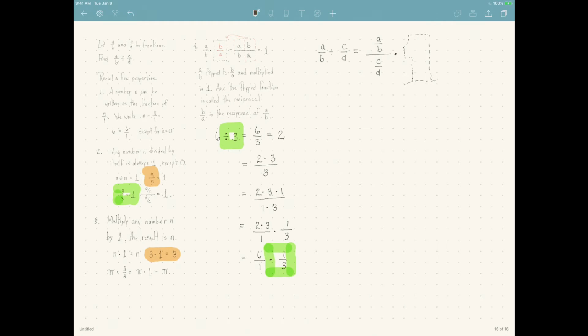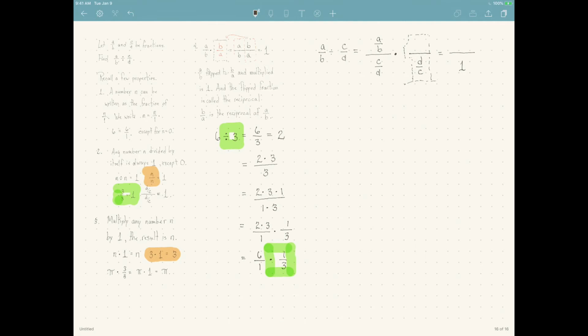And we also said that if we multiply by a reciprocal, we can get 1. And if we can get 1 in the denominator, then the numerator is the result. So if I multiply the denominator C over D times its reciprocal D over C, that gives me a 1 in the denominator.